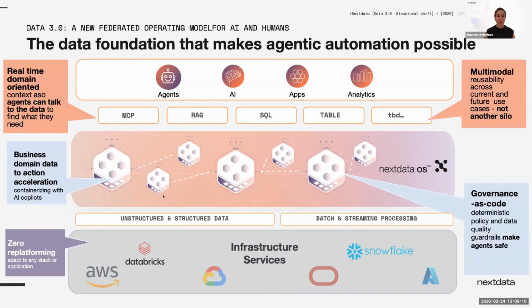They each represent a domain, again, encapsulation, each consuming data in the modes that fit them and serving in a variety of modalities. I annotated this diagram, and that layer is what we've been building over the last few years with the Nextdata operating system, and we would use the operating system in bringing some of those concepts to life.